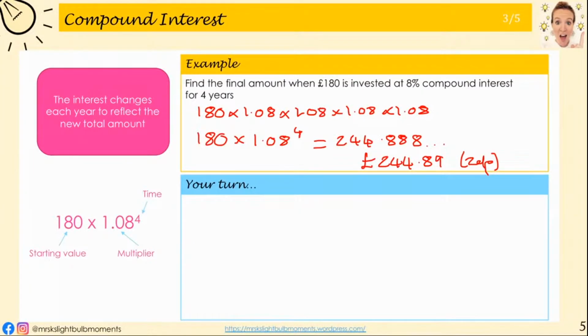And if you see down there in the bottom left-hand corner, I've taken this example, but you've always got your starting value multiplied by your multiplier, and then the power is your time. So whether it's the years, the days, whatever unit the question is in. You have a go then. Have a go at that question beneath it.